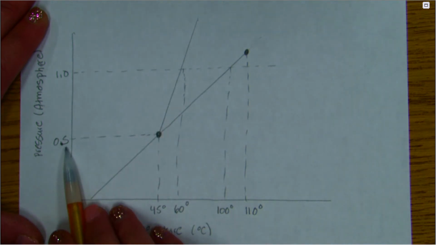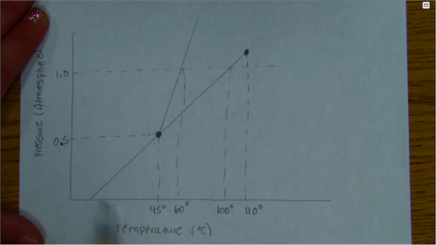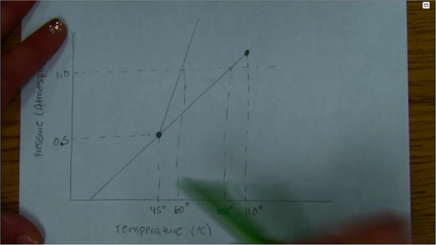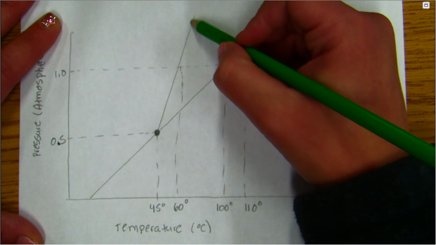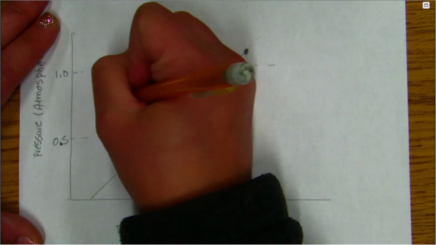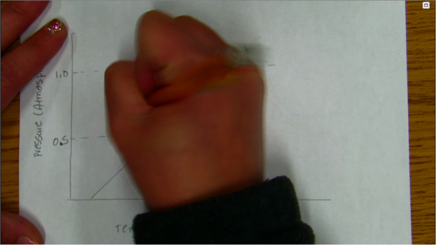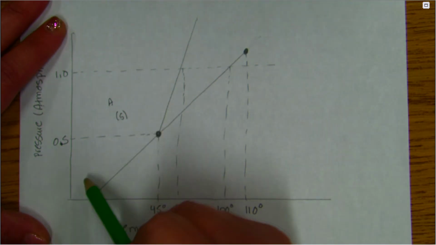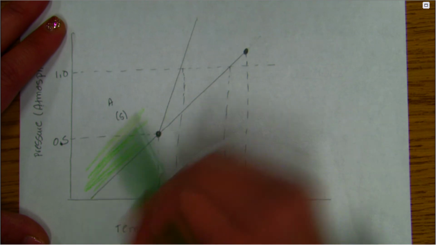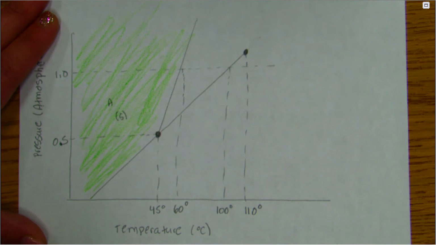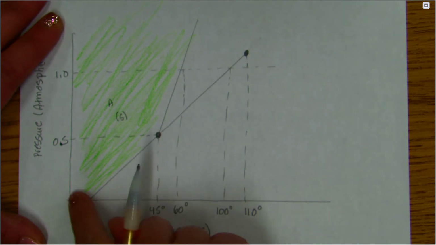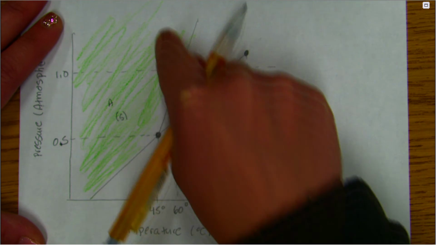But as I change pressure, or as I change temperature, or both, I can adjust the temperature at which something will move between phases. All right, so from here to here, that's labeled A on your worksheet, and this is a solid. All right, so let's just color these in. I'm just going to give y'all a visual representation here. Sometimes colors are a good way to do that. So this substance is a solid in this entire section.